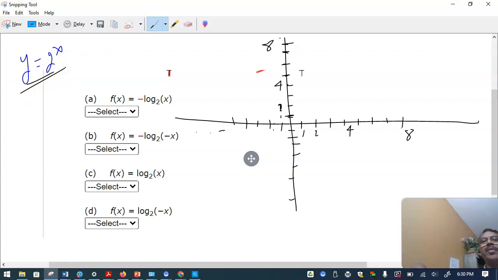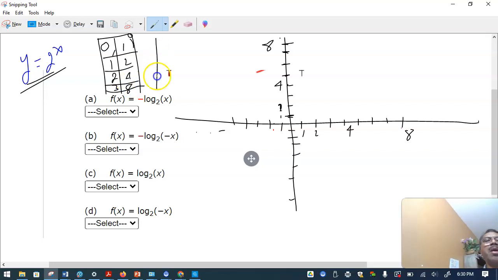So we need to know this graph, right? y equals 2 raised to x. We do know that 0 will go to 1. So I can make a table like this: 2 raised to 0 is 1. If I put 1, 2 raised to 1 is 2. If I put 2, 2 raised to 2 is 4. If I put 3, 2 multiplied by itself 3 times gives you 8.